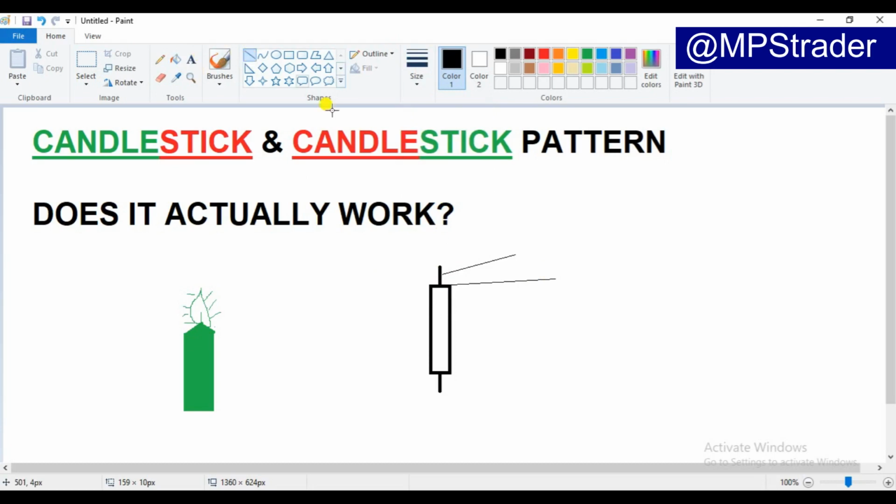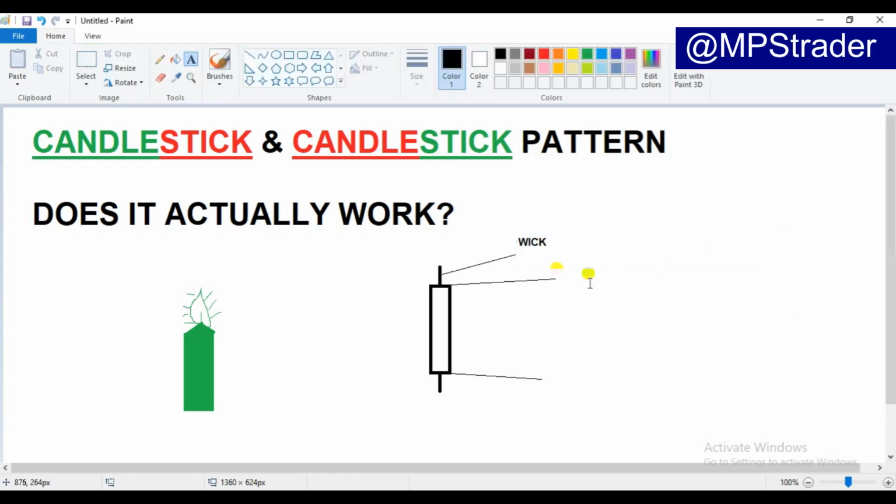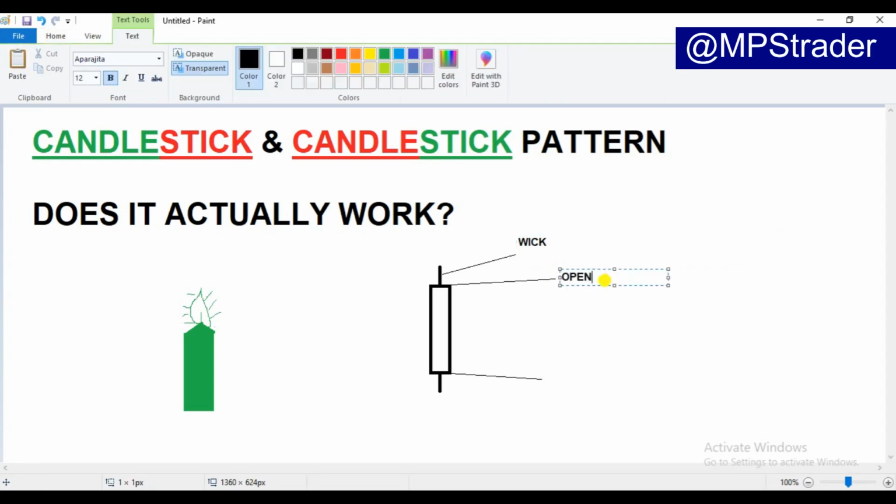This is an opening, or this is a closing. So this will be a wick, and the opening and close of a candle.